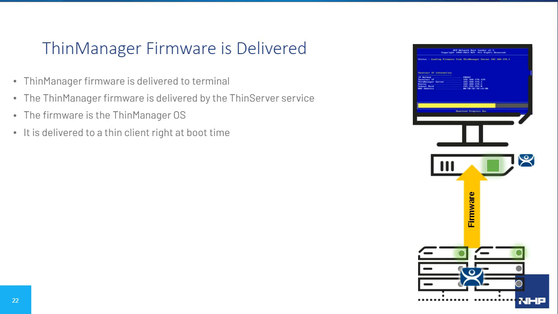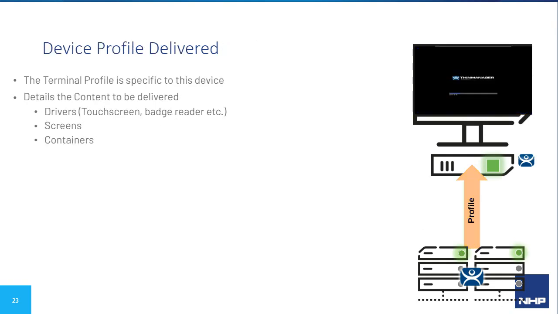Once ThinManager has got the contact request, it sends a small payload of firmware into the device. This is the ThinManager operating system, and it's delivered into the RAM of the device at boot time. It takes about 45-50 seconds. Next, as ThinManager recognizes the specific device in the system, it delivers the specific content that might be needed.